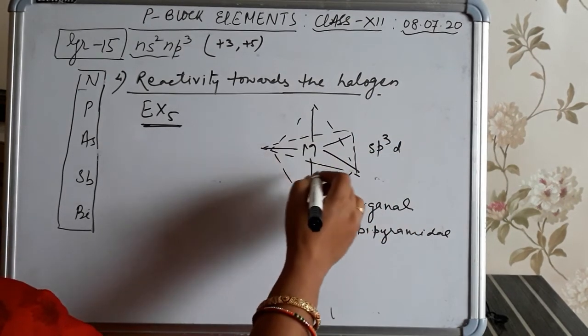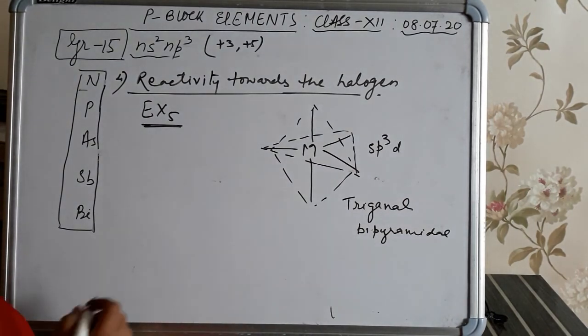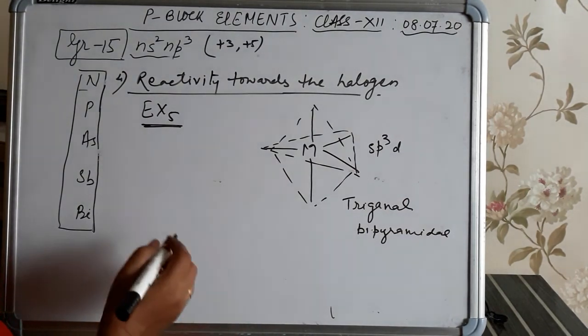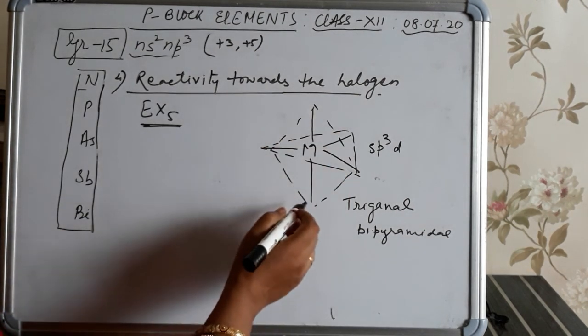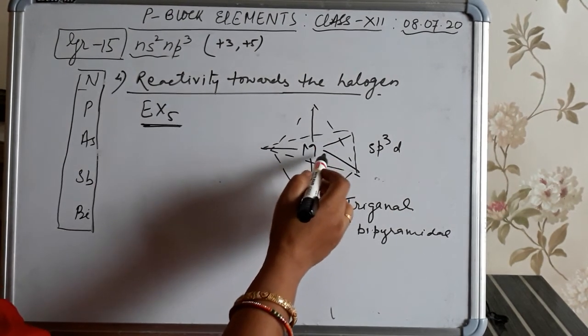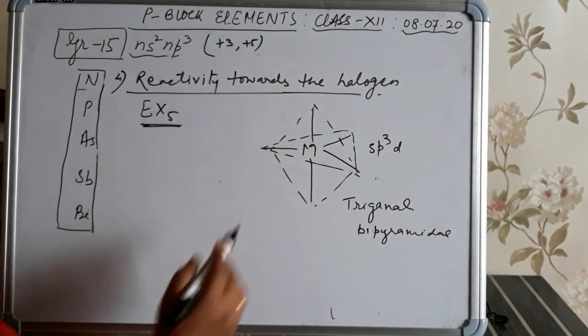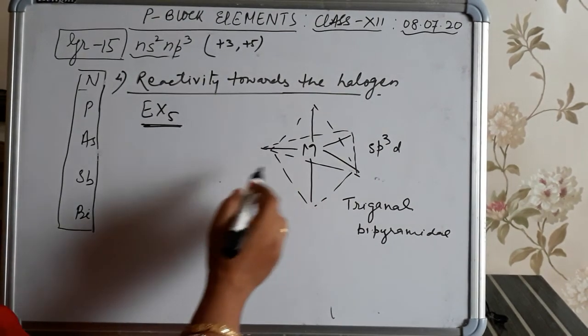There are 5 bonds, so the hybridization will be sp3d. These are not very stable on account of the difference in bond length. This bond length is 120 and this bond length is 90. So the bond length difference makes it unstable.